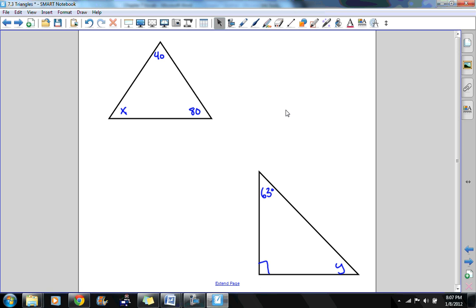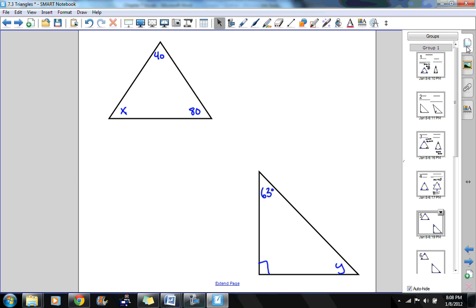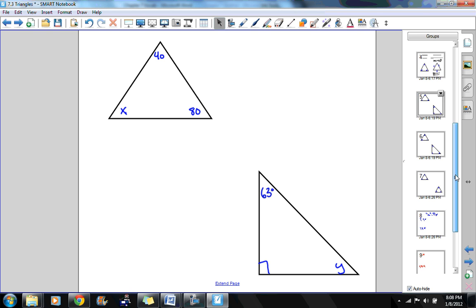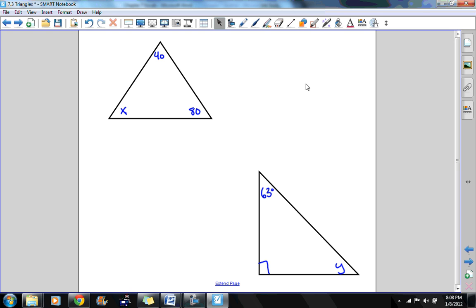I want to find out what the value of x and y is on each of these. Okay, so if I go here, I want to know what x is. That means I have to add the 40 and 80 together, which gives me 120.